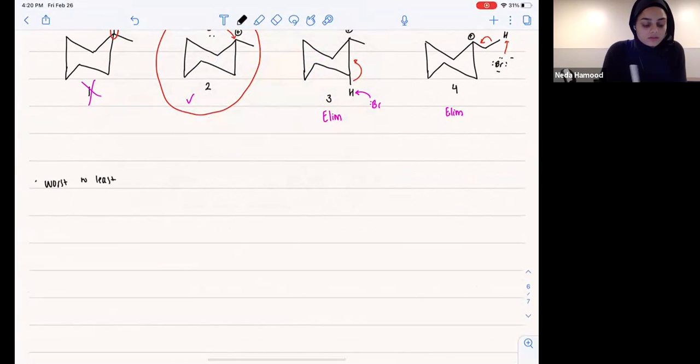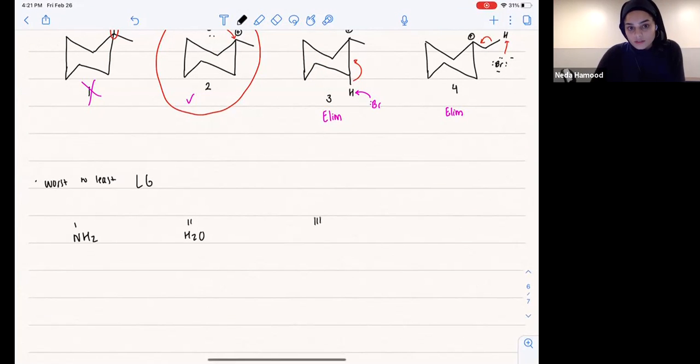Let's say 1 is NH2, 2 is H2O. This one isn't going to be too bad since we literally just went over this. I gave you guys a cheat sheet.